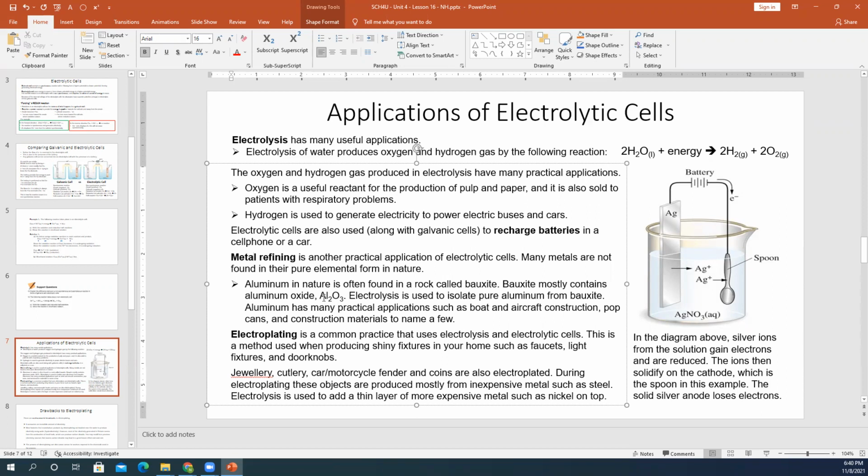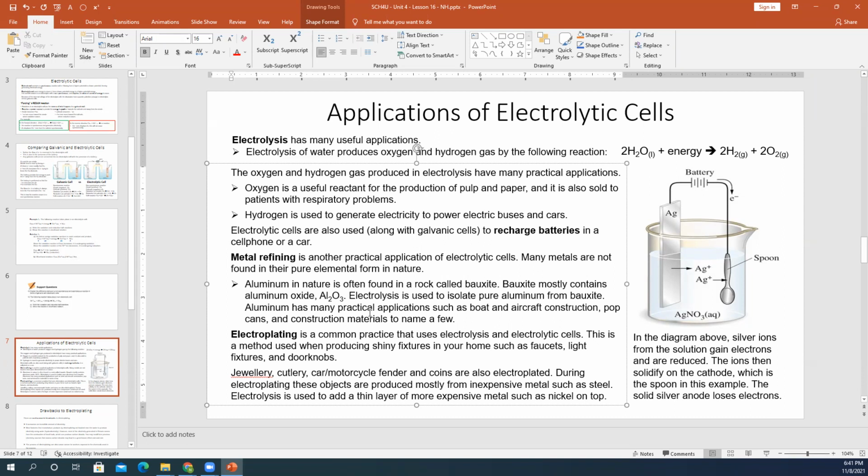So it's not pure aluminum. You can use electrolysis to isolate pure aluminum from this bauxite, from this aluminum oxide. And then that purified, refined aluminum metal has many applications, such as in construction of aircraft and boats and pop cans and construction material and so on.